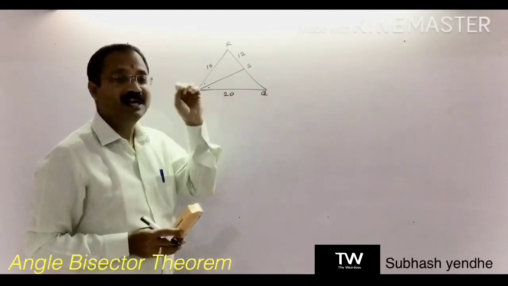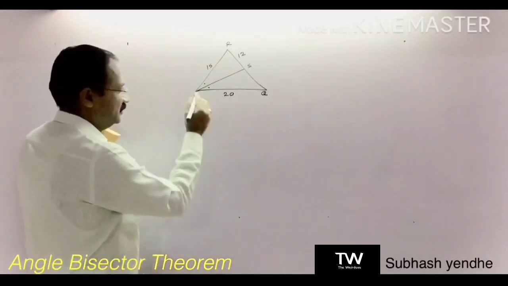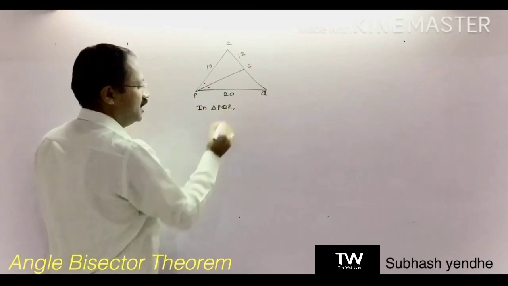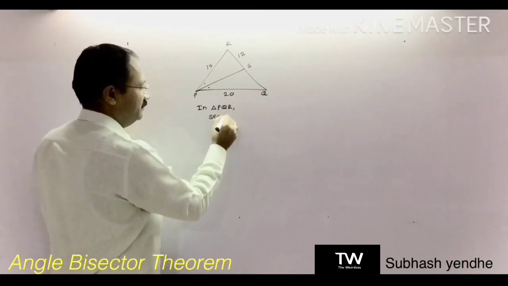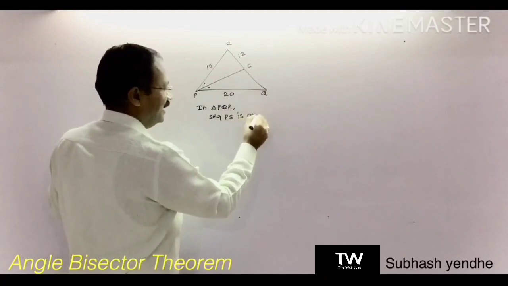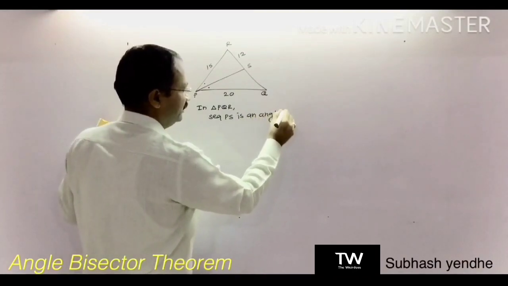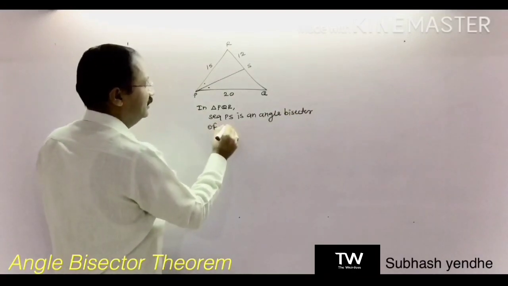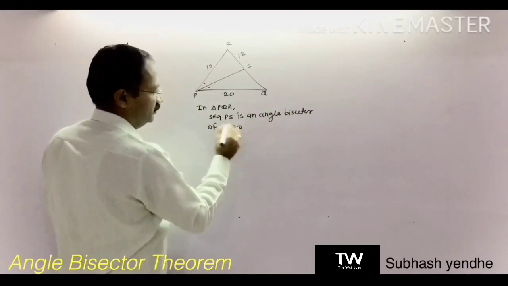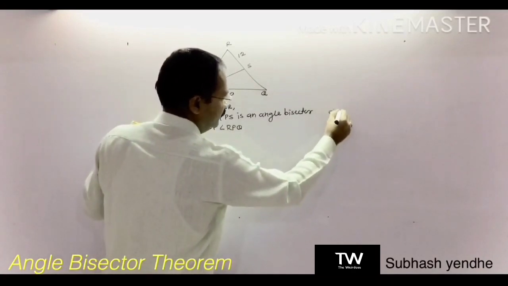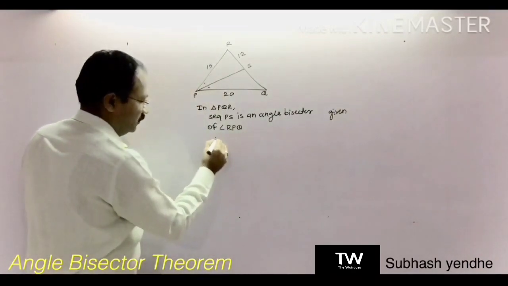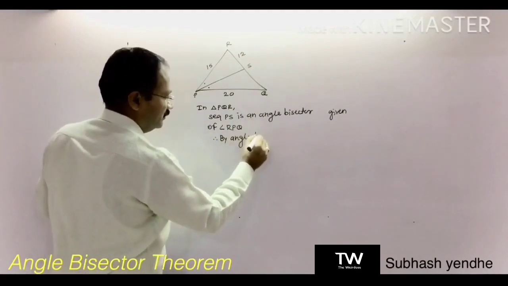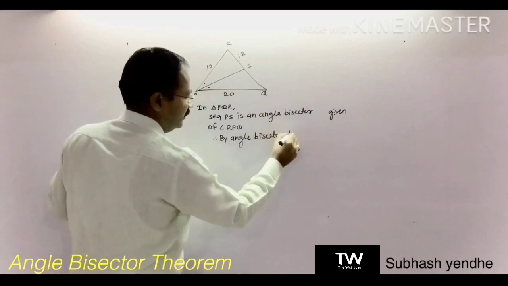Therefore I am going to use angle bisector theorem. So what do you have to write? In triangle PQR, segment PS is an angle bisector of angle RPQ. Give the reason: this is given. Therefore, by angle bisector theorem.